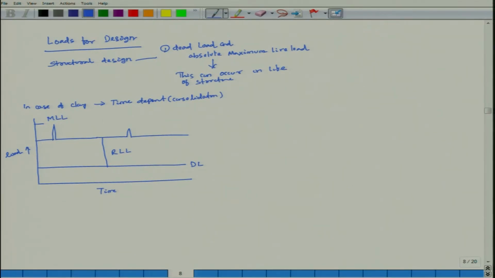RLL, reduced live load, is a major part of the structure's live load, acting for the major part of the life of the structure.